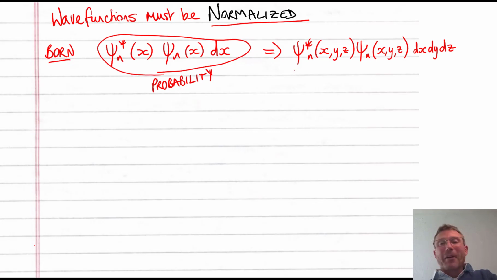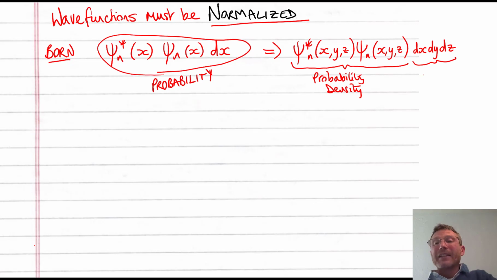So this ends up being our probability density in here. And what we have, dx, dy, dz, is a volume element.